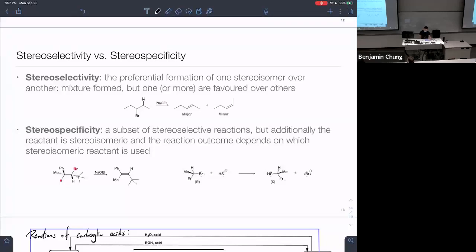Do we have Zaitsev or Hofmann products in this case? Why is that? Yeah. So whether we deprotonate here or here, we still form a disubstituted alkene. This alkene has two substituents. This alkene also has two substituents. So in fact, both are the Zaitsev product.